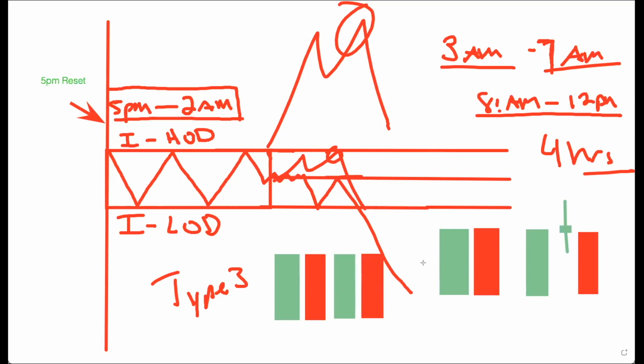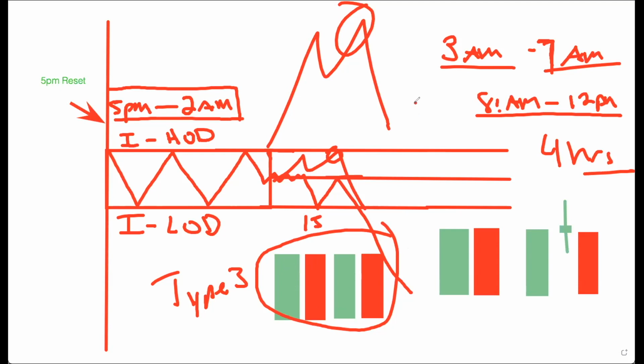Right, and by the way, this could be a 15-minute chart, hour chart, whatever. Mostly I'm talking about a 15-minute chart. So if you think about it, each of these candles is 15 minutes. So 15, 15, 15, 15. So if you look at this pattern, this is what it would look like on a 15-minute chart, right? It's just back and forth, back and forth.